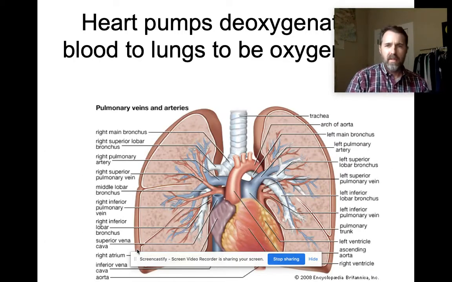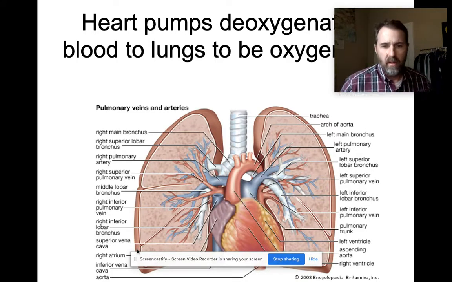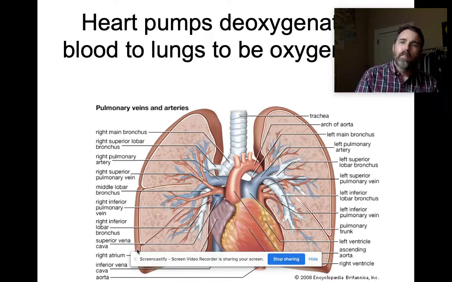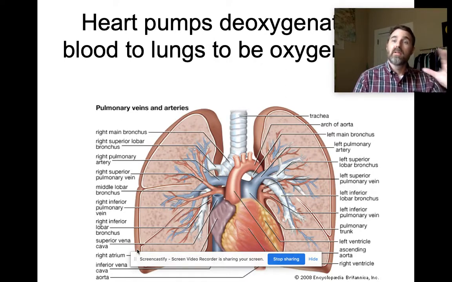All right, so let's talk about pulmonary arteries, pulmonary veins in relation to the lungs and the alveoli. It's the pulmonary arteries and veins that carry blood from your heart to your lungs and then from your lungs to your heart.